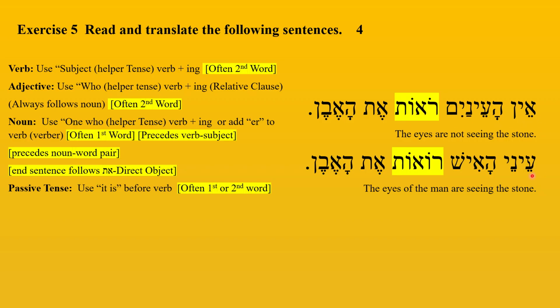Okay, last one here. Einei ha'ish ro'ot et ha'even. Again, it could be the verb of the sentence in that position. Let's find out. So we have the eyes, word pair form, the eyes of the man are seeing the stone.